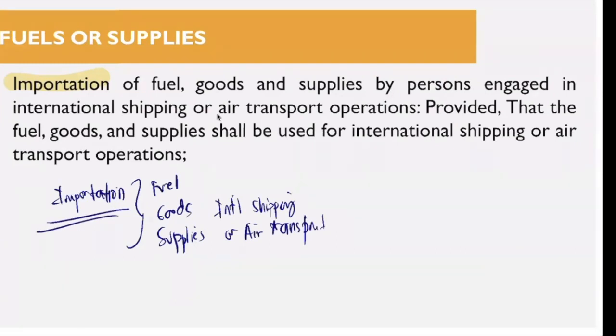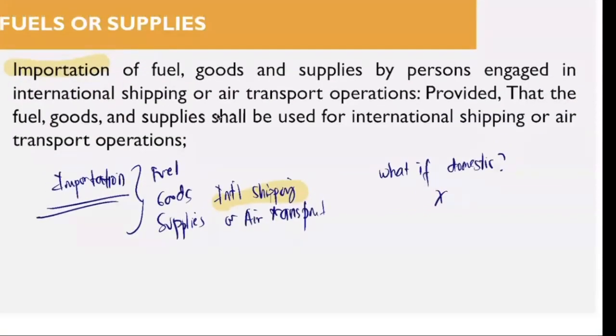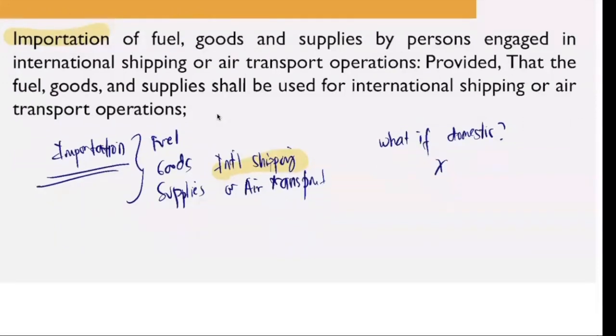What if domestic? Domestic shipping cannot be, because it says international shipping. So again, it is important for you to know if it is an importation for international shipping or for domestic shipping. Here, international shipping of fuel, goods, and supplies. Okay? So take note, importation, fuel, goods, or supplies for international shipping.